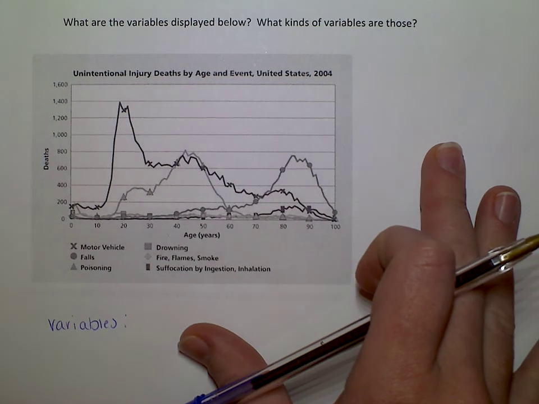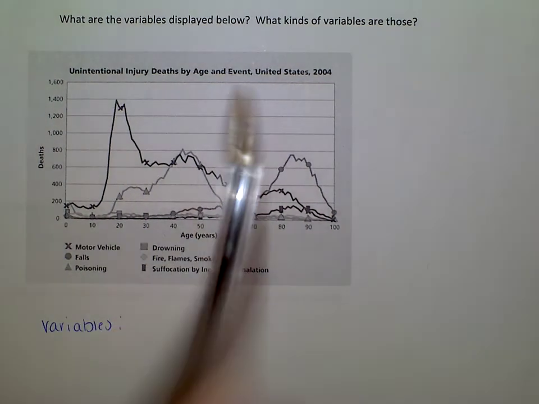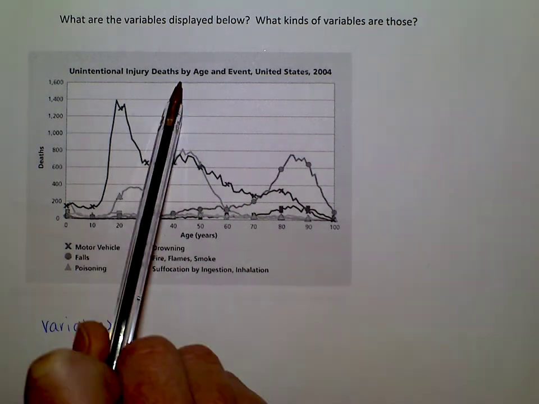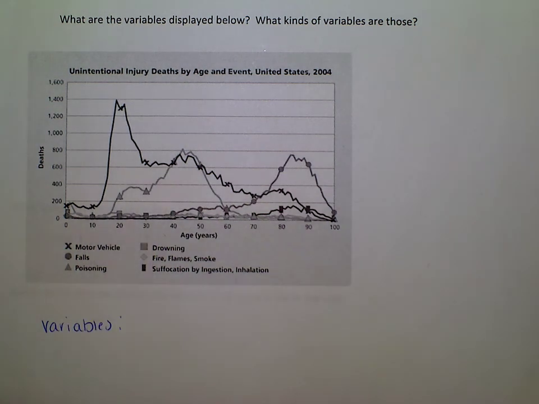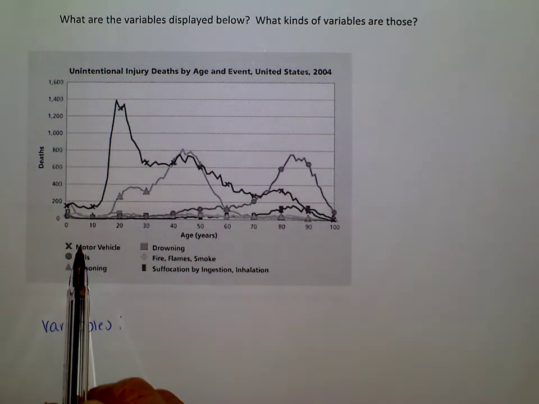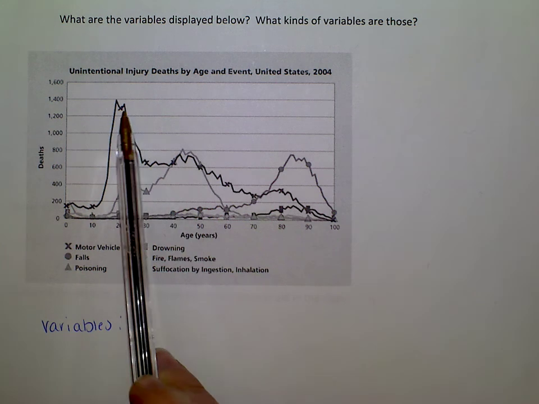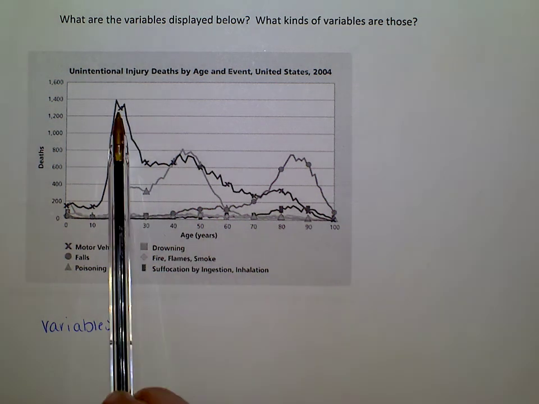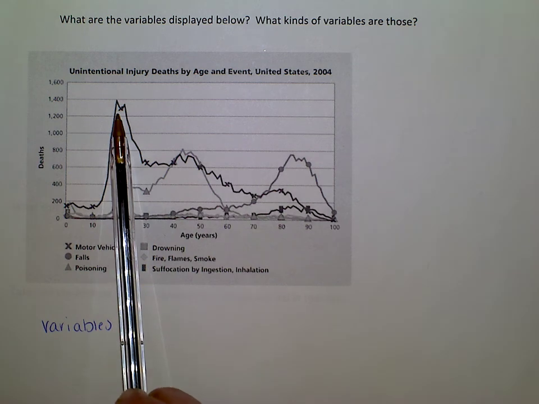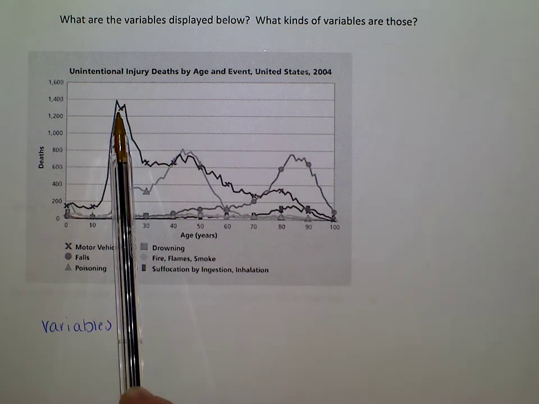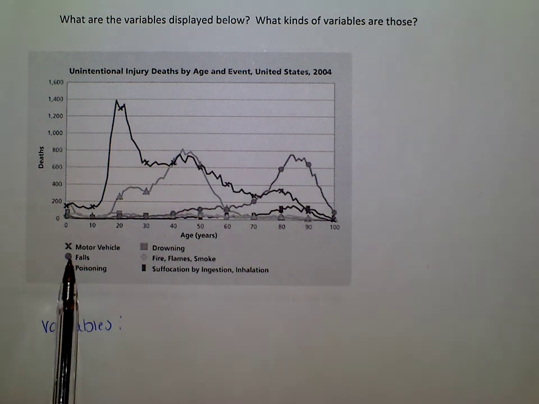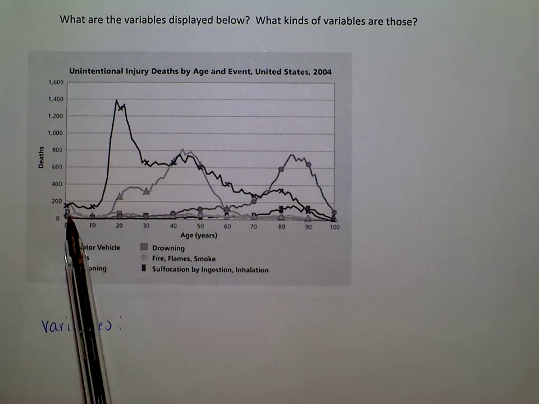Lots of lines happening. It's a little morbid, I do apologize. It's about the injury, the deaths, how they occur, unintentional injuries, what kinds can you have. So one line with the X's, that's motor vehicles. You can see a spike right here. In the late teens, the number of deaths go up. I'm sure that's not a surprise to us. If we look at something else that's interesting, falls here, that's the line with the circle.